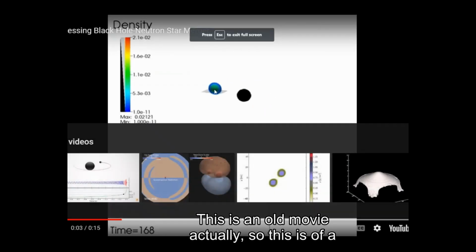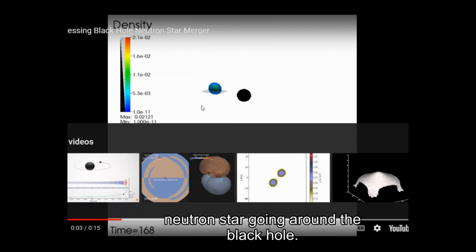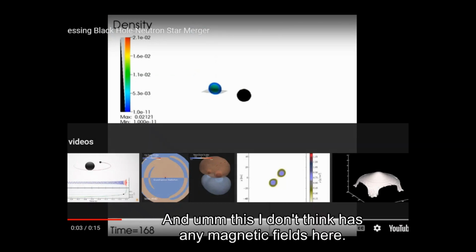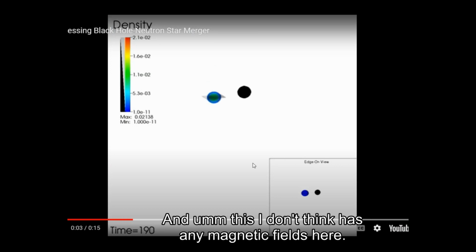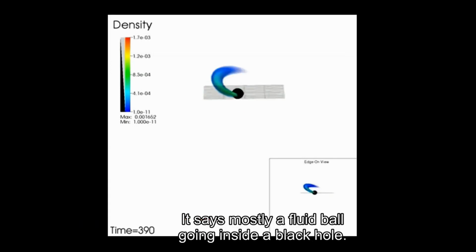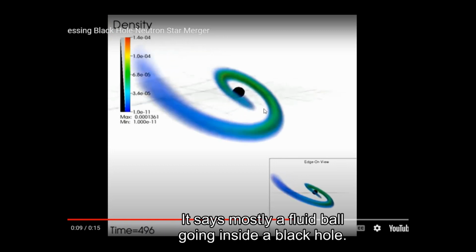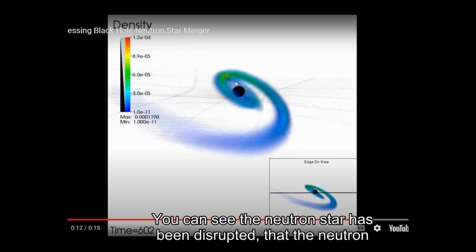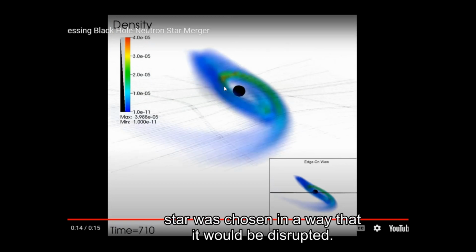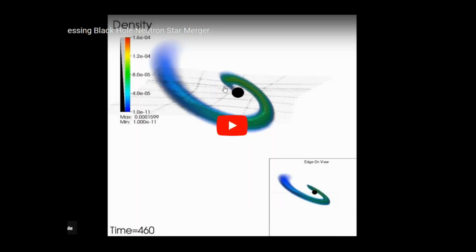This is of a neutron star going around a black hole, right? And I don't think this has any magnetic fields here. It's mostly a fluid ball going into a black hole. You can see the neutron star has been disrupted. The neutron star was chosen in a way that it would be disrupted. We chose the equation of state of the star to be such.